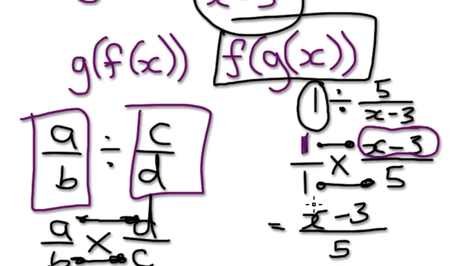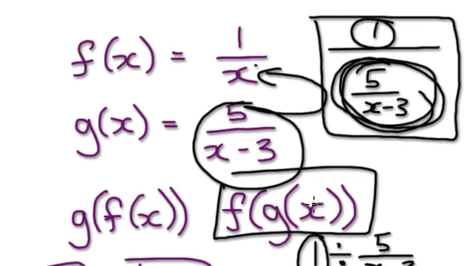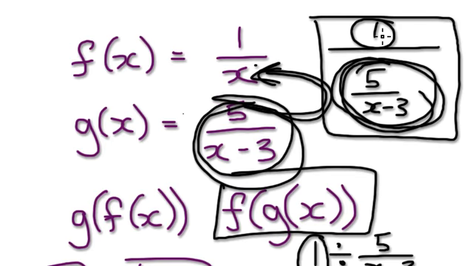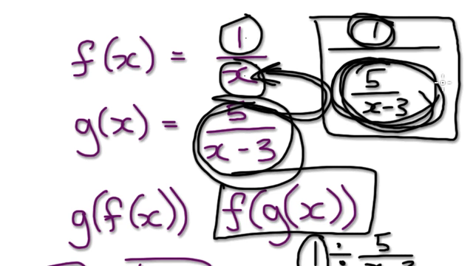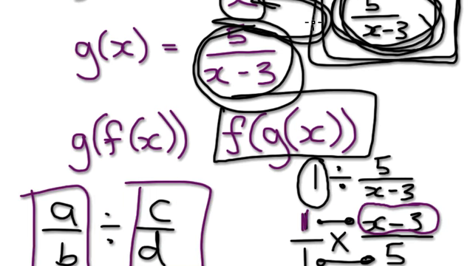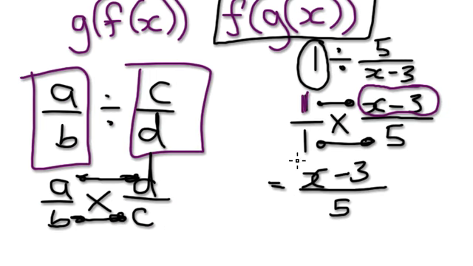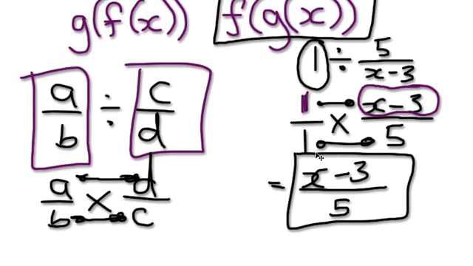Because what we've done is we put this thing here into the x here. So that will give us 1 over x, where x is this thing here, and then all we did was tidy this up. So tidying that up will give us this. Now this is much neater.